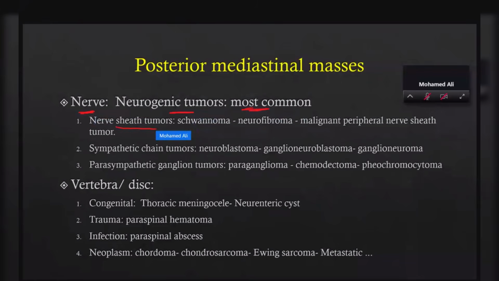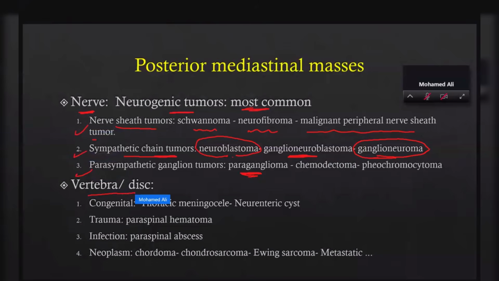Nerve sheath tumor: schwannoma, neurofibroma, malignant peripheral nerve sheath tumor. Sympathetic chain tumors: either neuroblastoma, ganglioneuroblastoma, ganglioneuroma. Neuroblastoma is the most aggressive. Ganglioneuroma is the least aggressive. Ganglioneuroblastoma is intermediate in aggressive features. Parasympathetic ganglion tumor, for example, paraganglioma. So we have nerve sheath tumor, sympathetic chain, parasympathetic chain.